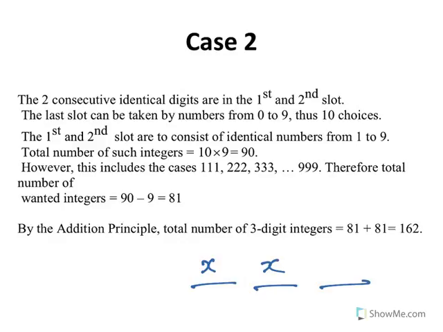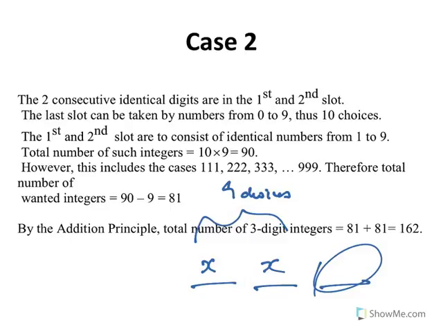Can I put 0, 0 here? No. So how many choices? 1, 1, 2, 2, 3, 3, 4, 4, 5, 5, 6, 6, 7, 7, 8, 8, 9, 9. Total of 9 choices.